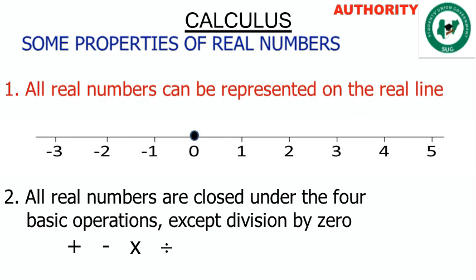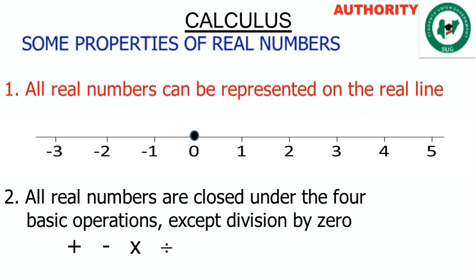They say when you pick some real numbers and perform the four basic operations, which include addition, subtraction, multiplication, and division, your result can also be found on the real line.